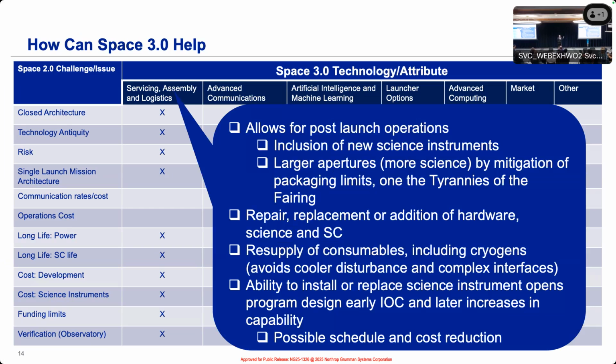It will certainly depend on the cost of the service mission. But that's a question Space 3.0 allows you to add. Question of possible cost and schedule reduction by not waiting for tail end Charlie. You set a date when the train is leaving the station, and if your instrument isn't there on that date, stay on the ground.